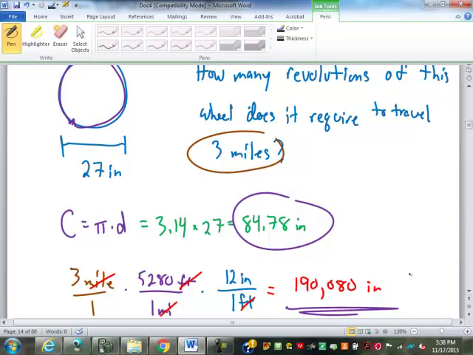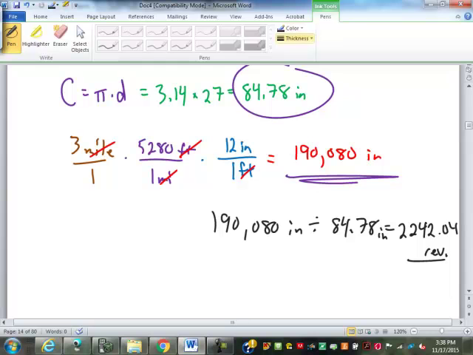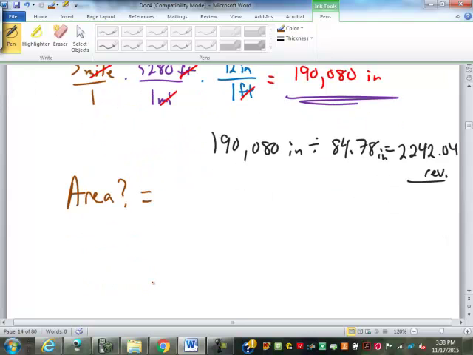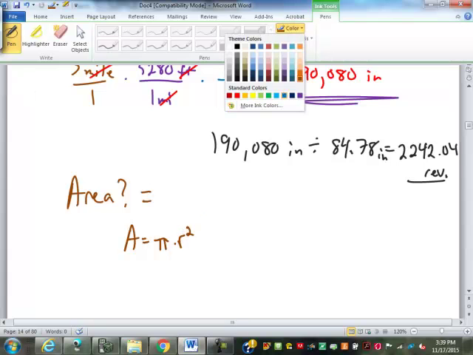So now remember, that's talking about the circumference, the distance around the circle, or the perimeter of the circle. What if we went the other direction and asked, what's the area of that circle? So yes, area is pi times radius squared.